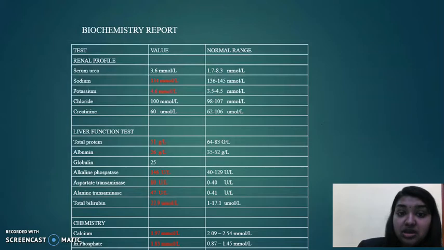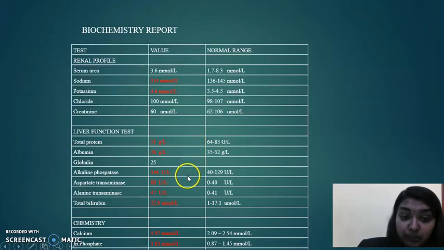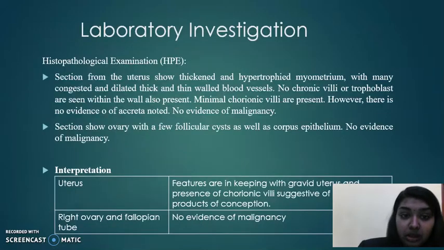The biochemistry results show most of her liver function test parameters, total protein, albumin, ALP, ALT, and AST, showing a decrease from the normal range. Even her sodium, potassium, calcium, and phosphate are below the normal range.